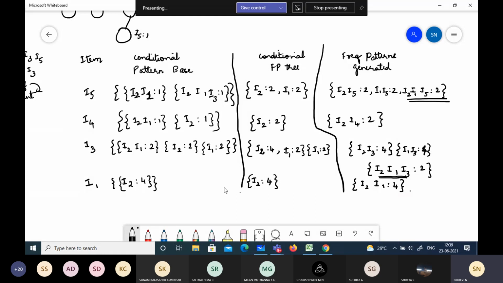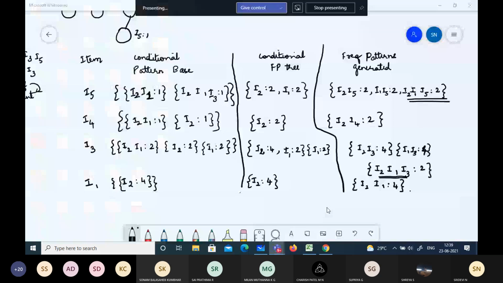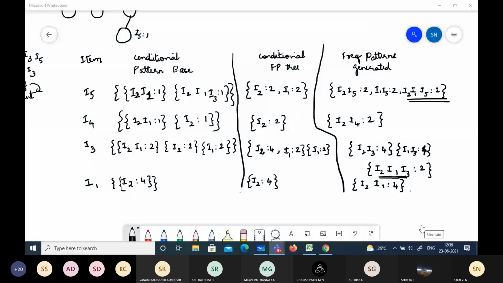For I2, one second. So for this I2, as we don't have any in between patterns, we'll just not consider this, isn't it?